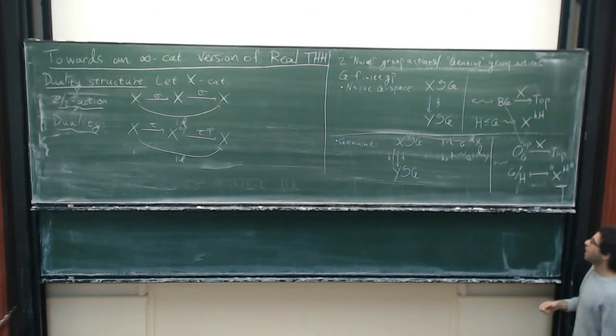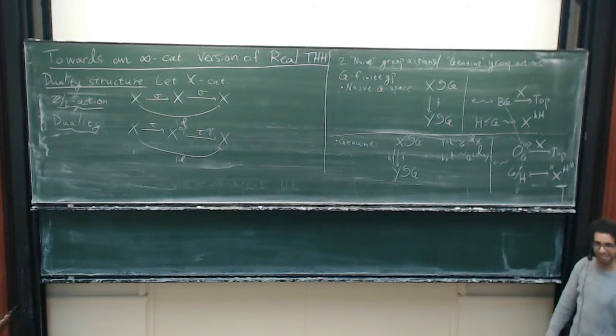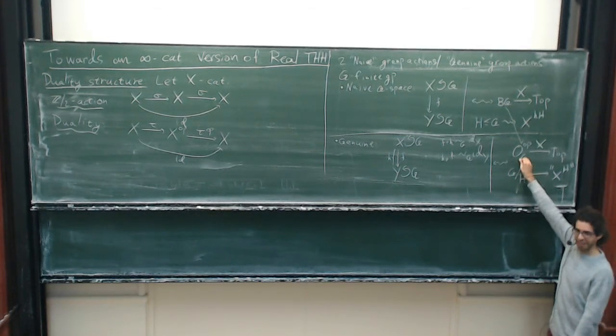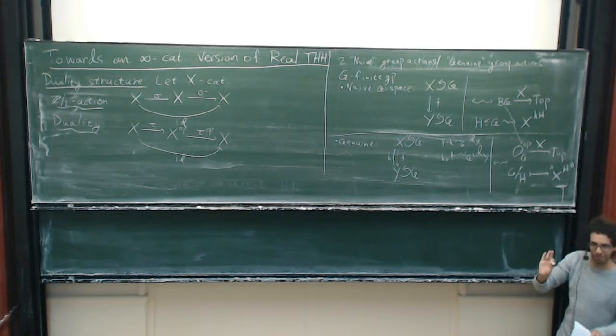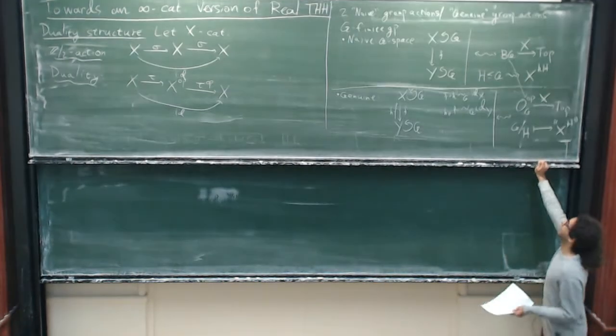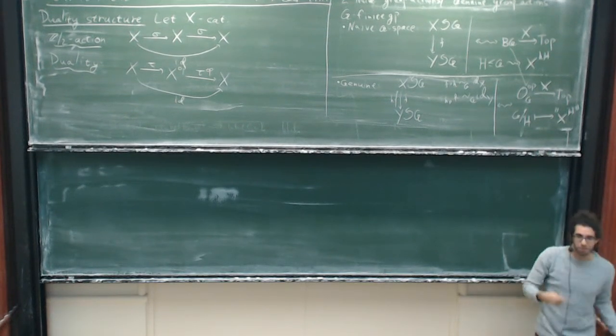A genuine G spectrum is not such a functor. When I say genuine G spectrum, I don't mean a functor in this category. I mean something else, which I don't want to explain at the moment. I can say I mean a spectral Mackey functor on the effective Burnside category of G.